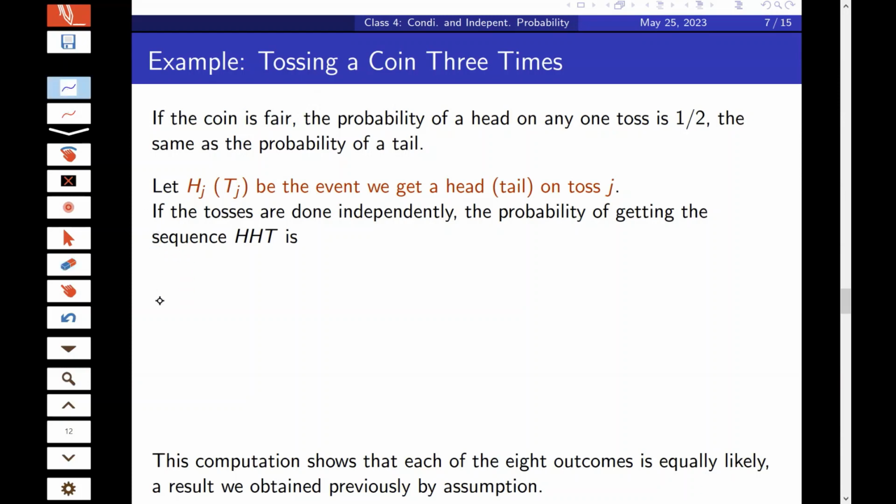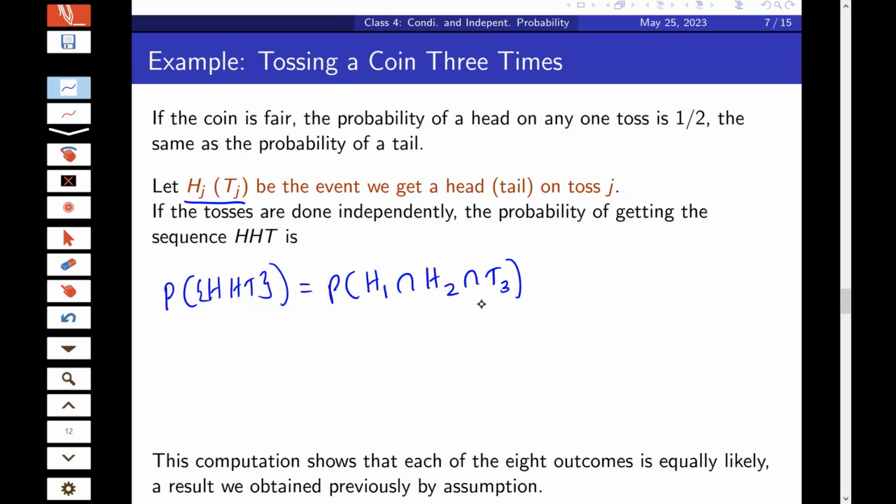We can write the probability of getting a head in the first trial, a head in the second trial, and a tail in the third trial. Here j means the jth trial. If you get a head in the first trial, we can say it is H1, and in the same series of trials you have to get a head in the second trial. That's why we are taking the intersection, and the third event should be a tail.